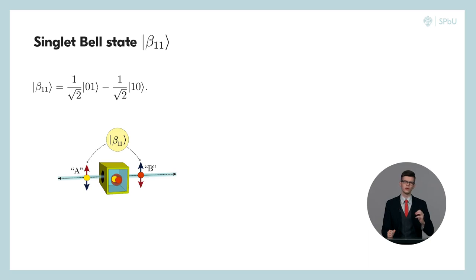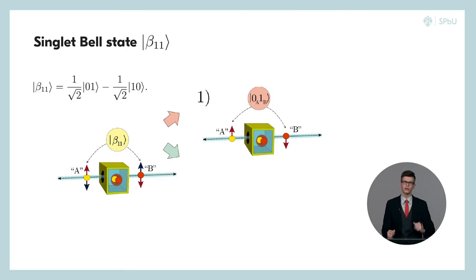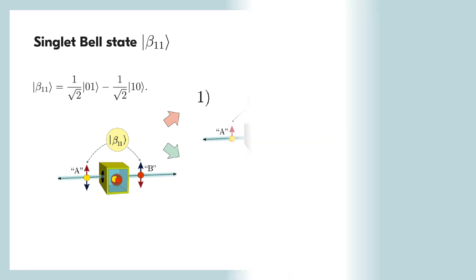The states 0 and 1 in the picture correspond to up and down arrows respectively. So, the first term in the β11 superposition means that the particle A is in the 0 state and has the plus 1/2 spin projection, arrow up, whereas the particle B is in the state 1 and has the spin projection of minus 1/2, arrow down.